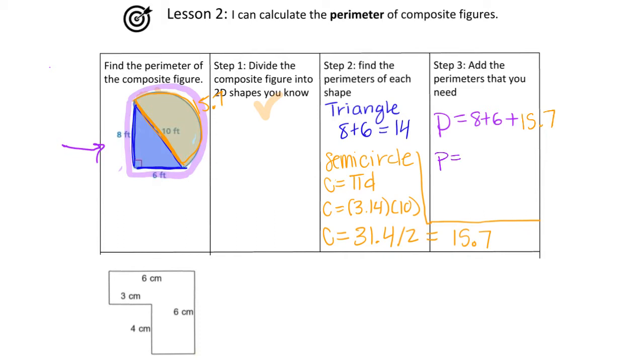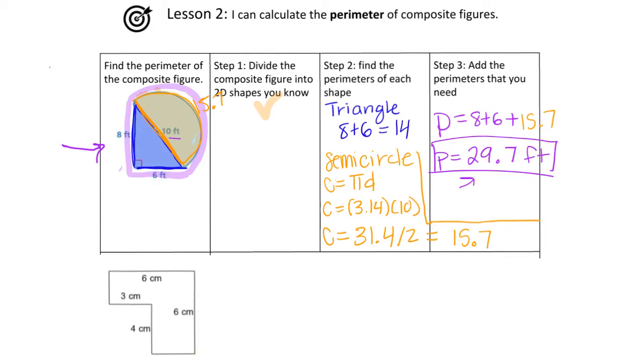When I added those together, I got 29.7, and our units are feet. So if I was walking around this shape, I would have walked a total of 29.7 feet.